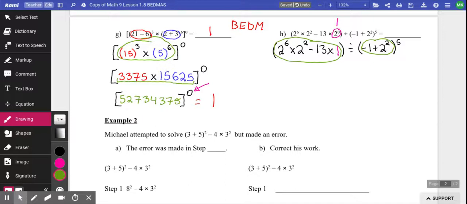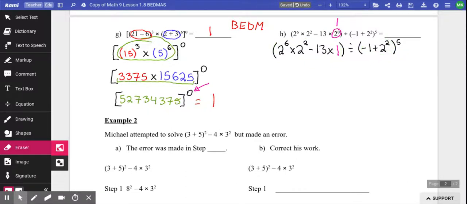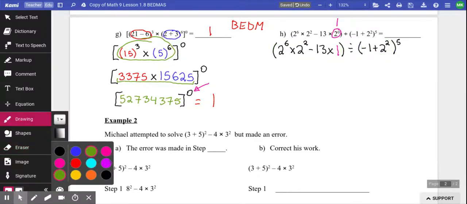So looking at this first set of brackets, if I'm looking inside of it, I now want to do exponents. I have an exponent here, an exponent here, an exponent here. I need to change all of those things for the E in BEDMAS.